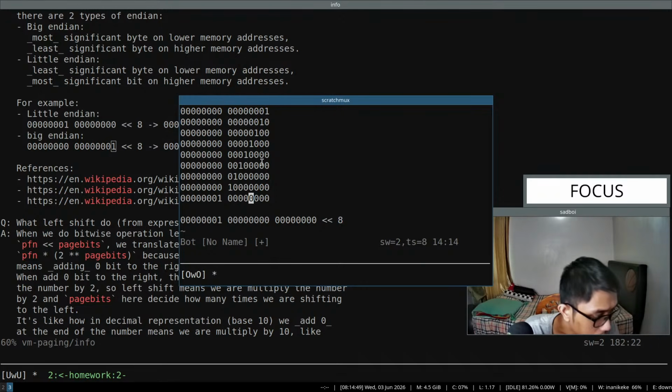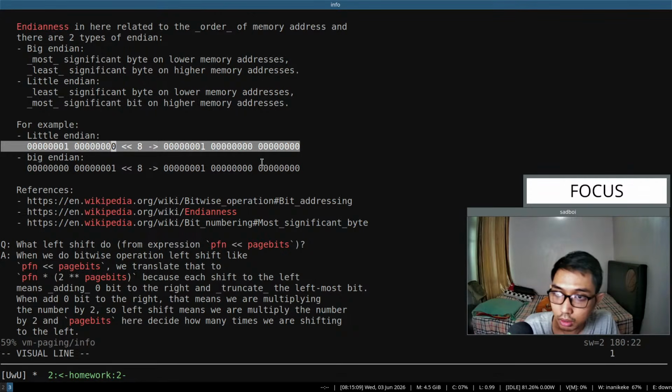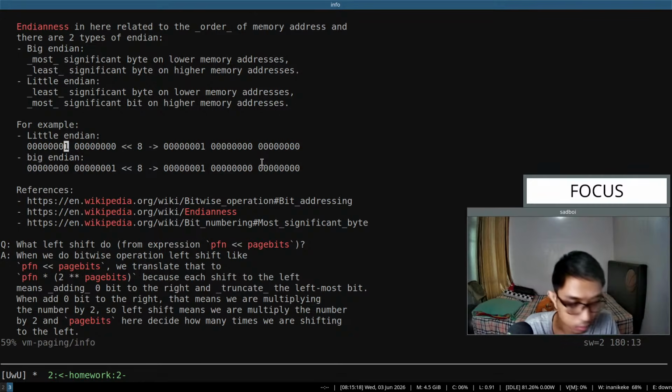Oh, first we have two bytes, before shift and after shift.